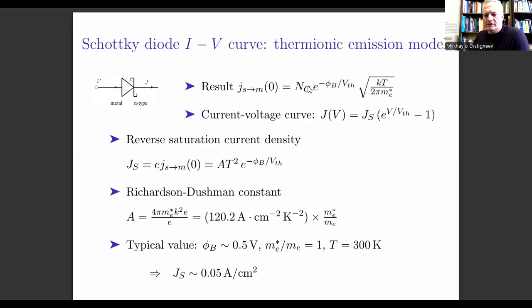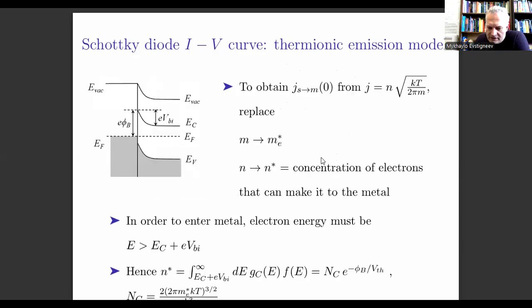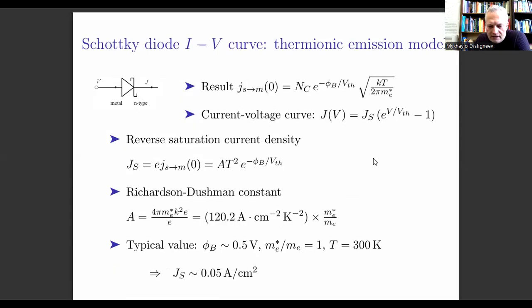Now, NC, the effective density of states in the conduction band, is given by something which is proportional to kT times the electron effective mass to the power 3/2. Here it is, right? So combining these factors, kT and the electron effective mass, oh, by the way, this electron mass is also the density of states effective mass.